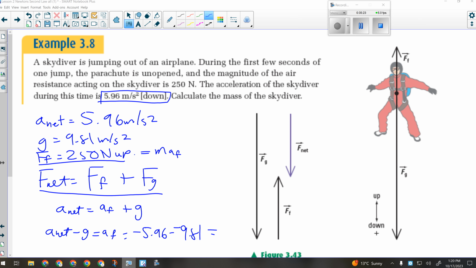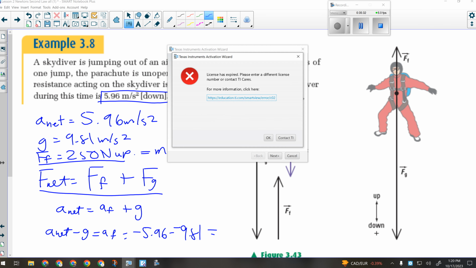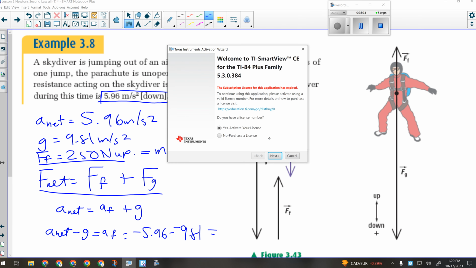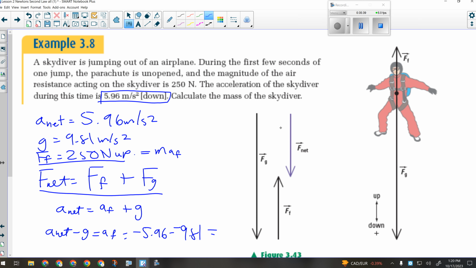Negative 5.96 minus negative 9.81. So we're looking at 3.85 meters per second squared up. So I know that 250 newtons up equals mass times the number I just calculated.